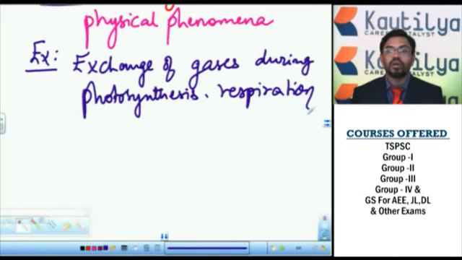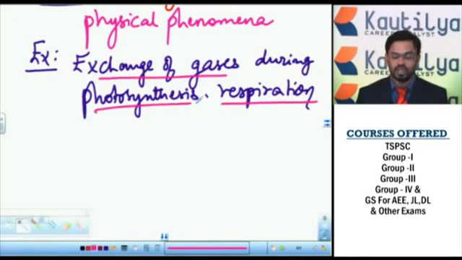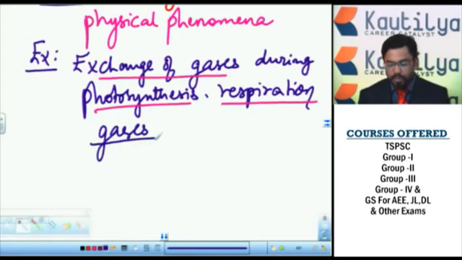During photosynthesis, the carbon dioxide concentration is more in the atmosphere, so the carbon dioxide enters into the leaves through the stomatal opening, whereas during respiration, the carbon dioxide concentration is more inside the cell, so the carbon dioxide exhales out. So the exchange of gases during photosynthesis and respiration in plants is an example of diffusion. Diffusion is more in gases when compared with liquids and solids.